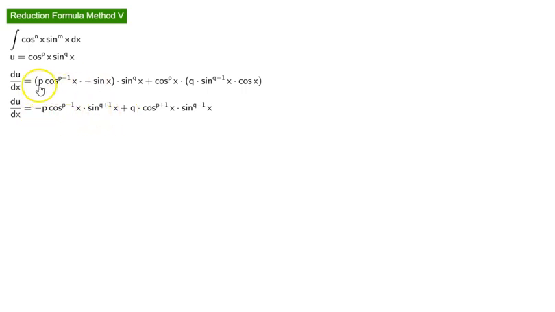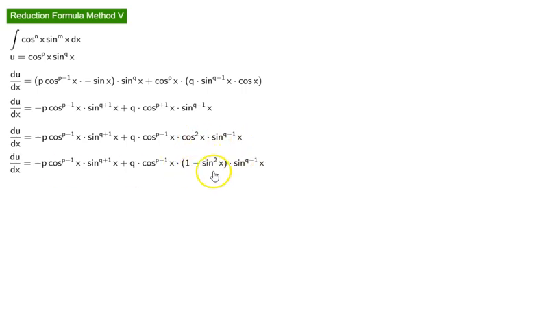We get minus p cos to the power of p minus 1 x times sin to the power of q plus 1 x, plus q times cos to the power of p plus 1 x times sin to the power of q minus 1 x. The first term remains as it is. In the second term, from cos to the power of p plus 1 x, we take out cos square x, so that we end up with q times cos to the power of p minus 1 x times cos square x times sin to the power of q minus 1 x.